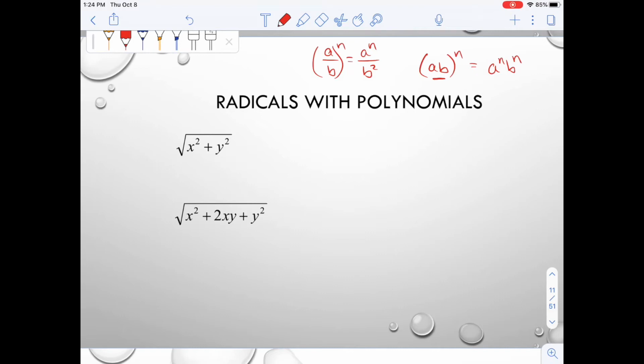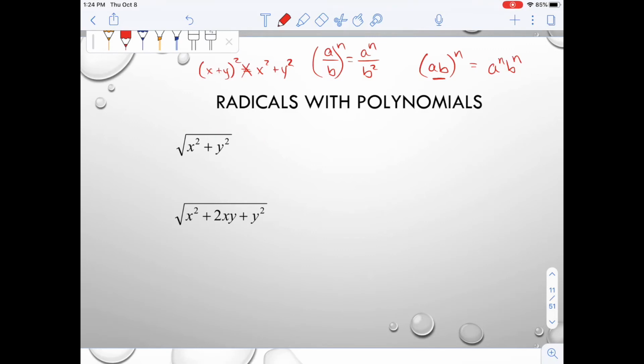However, I cannot do that if it is a sum, okay, or a difference. So like, you know, the freshman mistake is x plus y squared. This does not ever equal x squared plus y squared. Okay, so I'm going to show you here in a minute. It is essentially the same exact mistake, just from a different point of view.